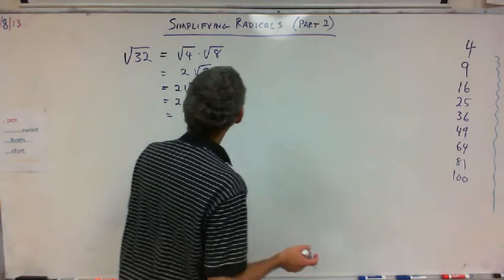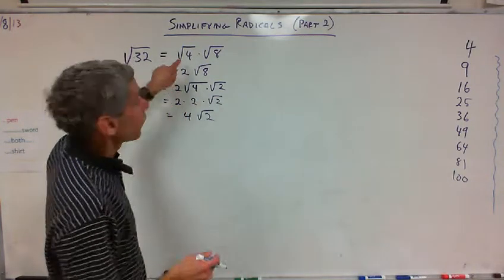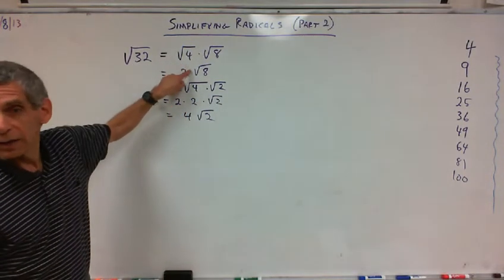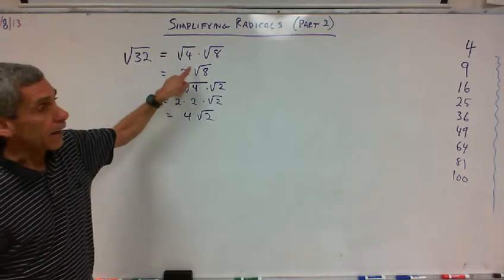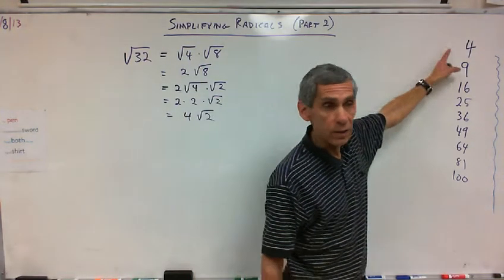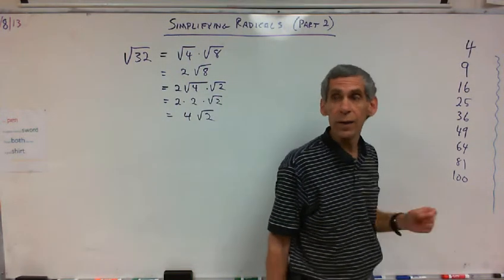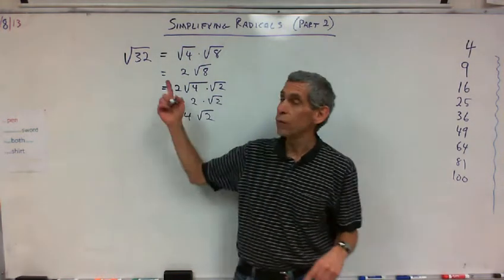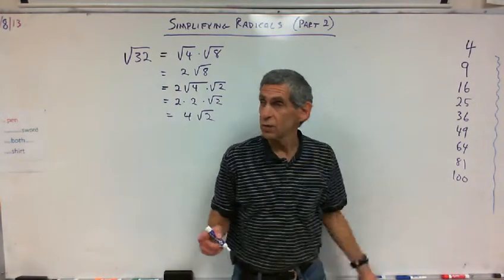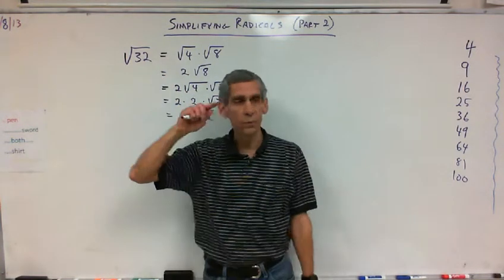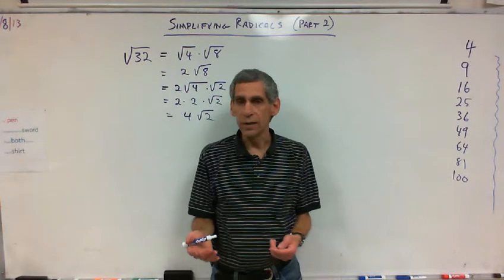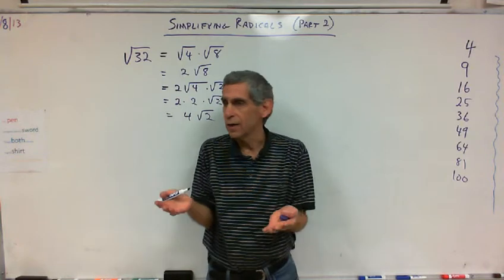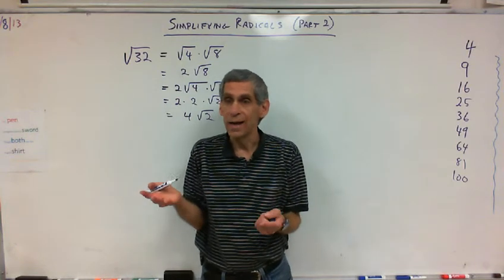So when you're doing these, the very first square root sign, the very first radical sign, has to have one of these numbers in it if you're going to simplify it. All right? That's what I'm recommending, that you always start with these. So it's not like you're looking at just any number, any factor.